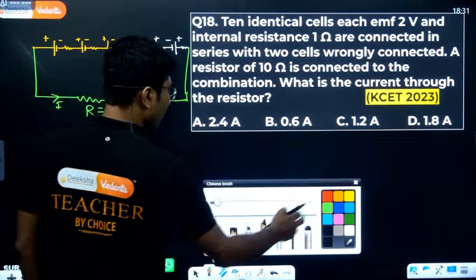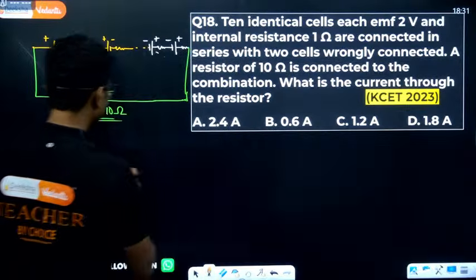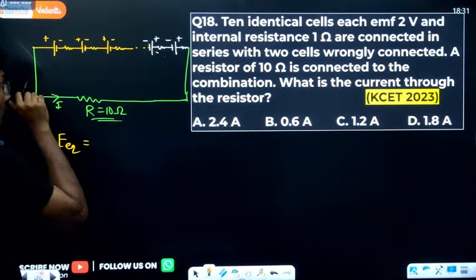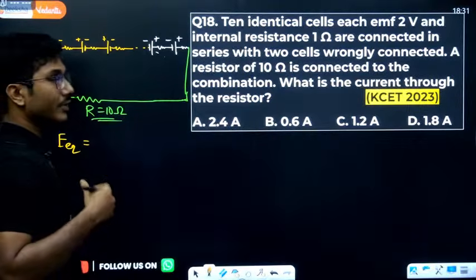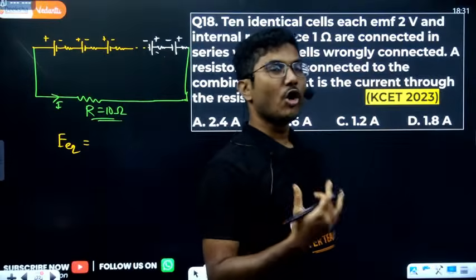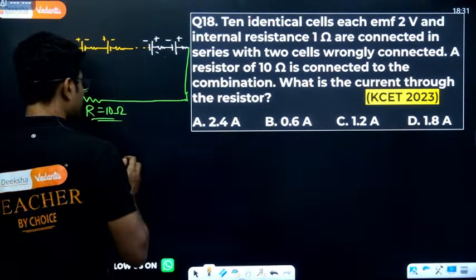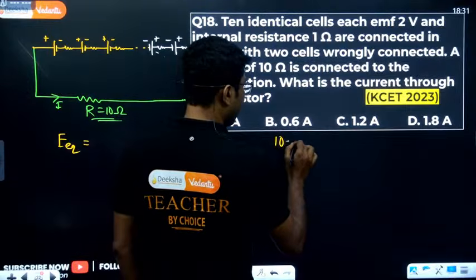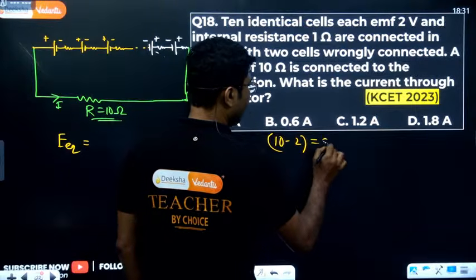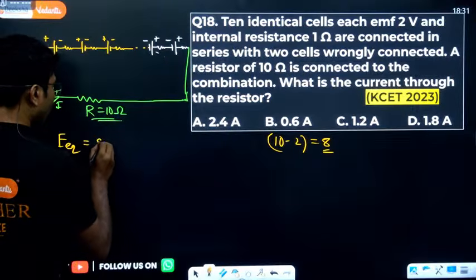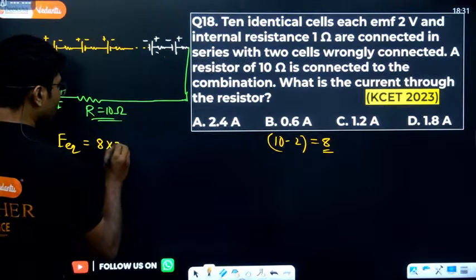How to solve it? First of all, what is the total EMF or equivalent EMF? How many cells were there? Cells were 10. Out of them, how many were properly connected? 10 minus 2, 8 were properly connected. The EMF of those 8 is 8 into 2.